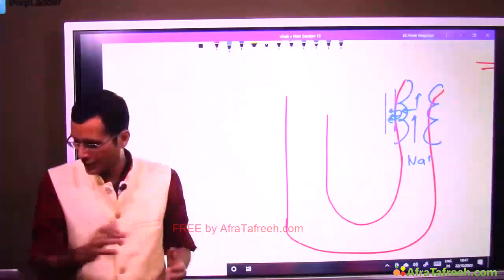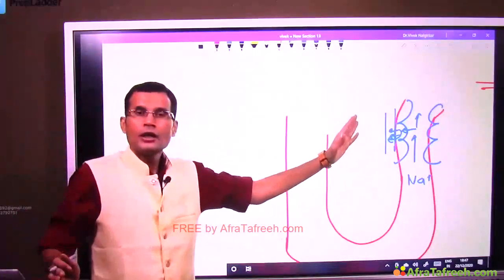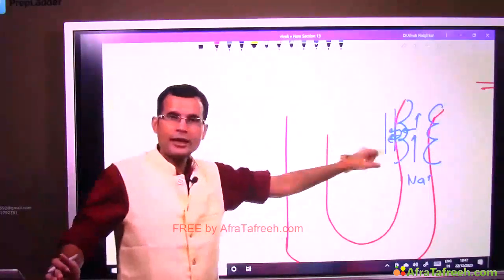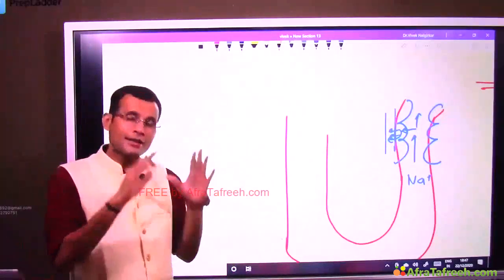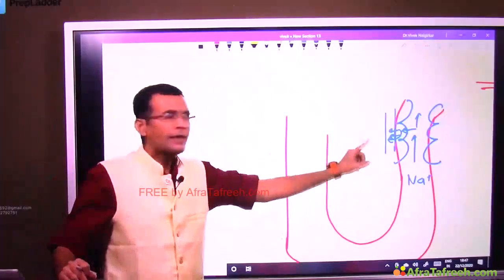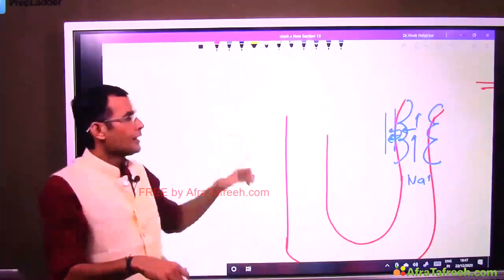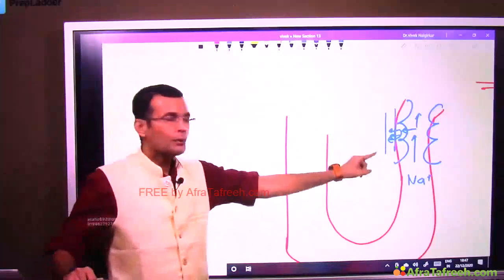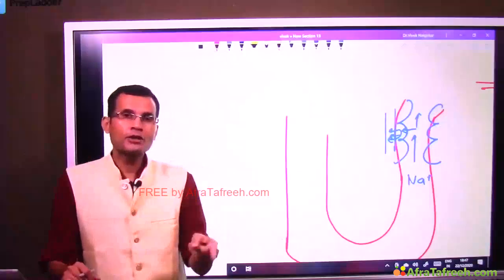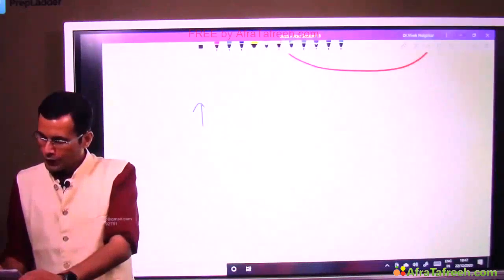Now we are looking at that tubuloglomerular feedback. How will it be initiated? When there is increased tubular sodium, it will be sensed by the macula densa cell. As we have already mentioned, that's the function of macula densa, sensing of sodium. And then sodium reabsorption goes on, increasing amounts of sodium reabsorption. That means increased activity of the sodium potassium pump, right? Increased activity of sodium potassium ATPase means what? Increased breakdown of ATP.